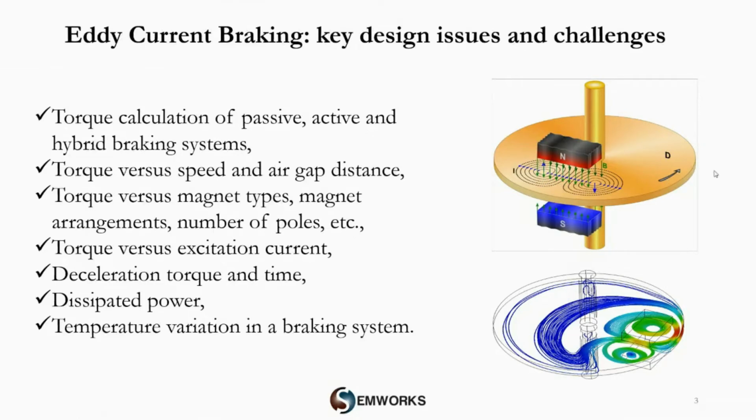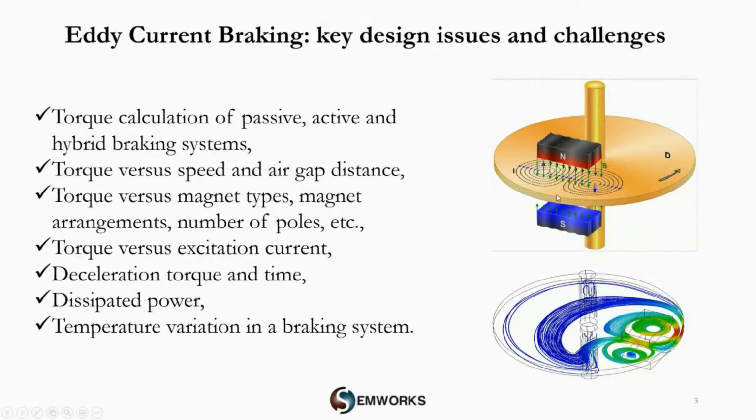Based on Faraday's law, a current, what we call eddy current, is induced due to the motion of the disk in a magnetic field. If this rotation is counterclockwise, the eddy current will be clockwise.